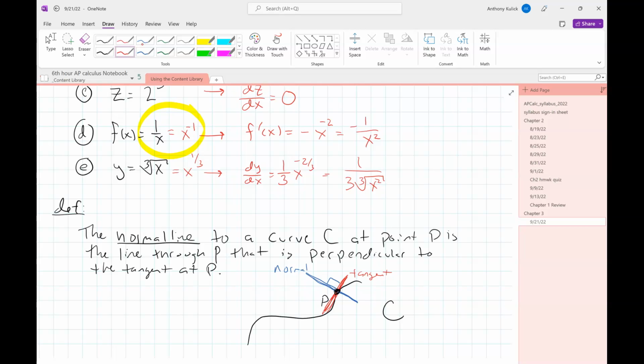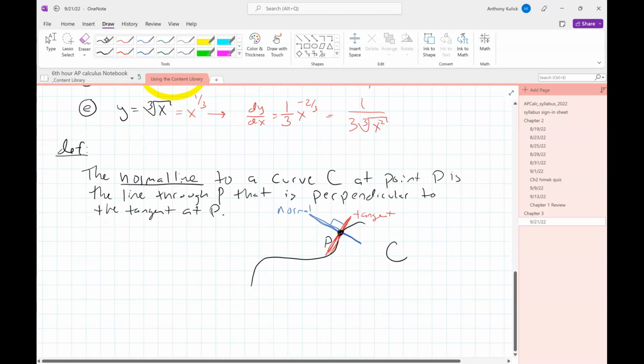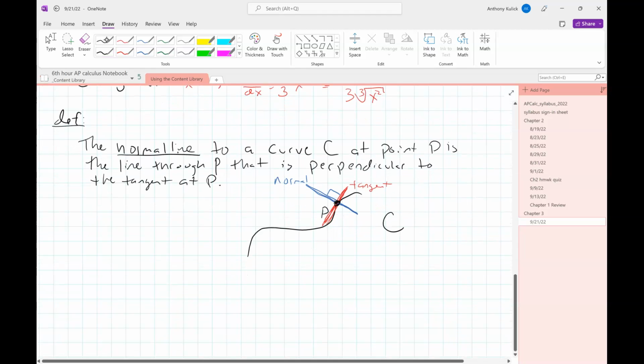Everybody's cool visually with what we're talking about? Does anybody remember way back to Algebra 1 the relationship between perpendicular lines and their slopes? Negative reciprocals. Very good. So let's look at an example now where we'll actually calculate the normal line for something, rather than just Mr. Kulik drawing a messy looking sketch.